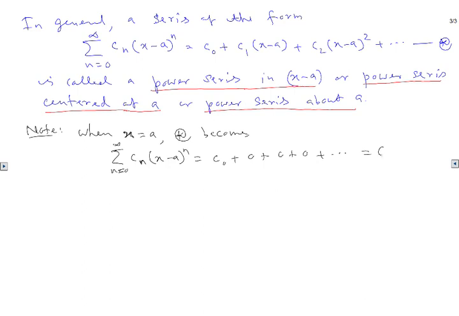That means it always converges. Converge means you get a finite number. That's what converge means. So it converges always. At x equals a, it converges no matter what.